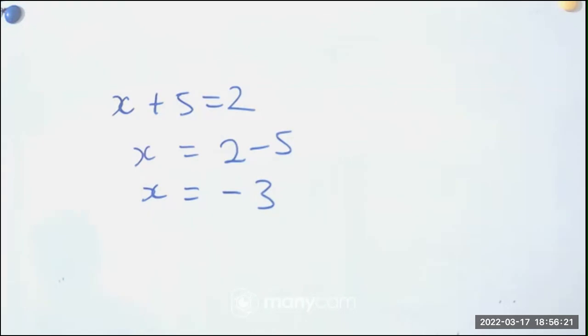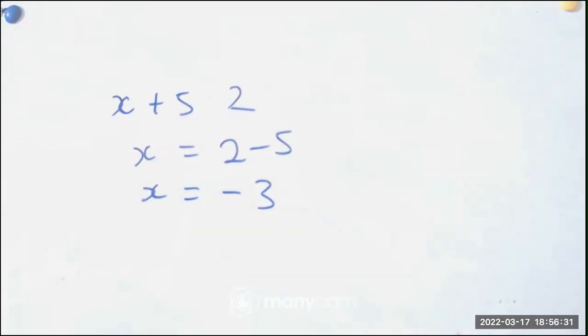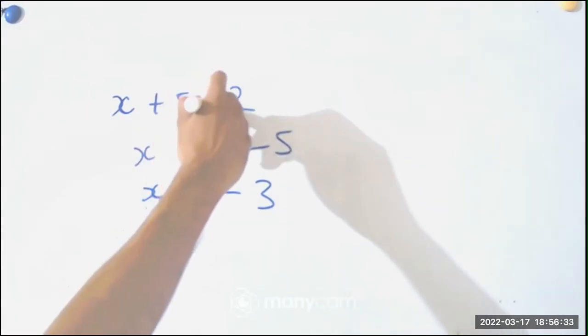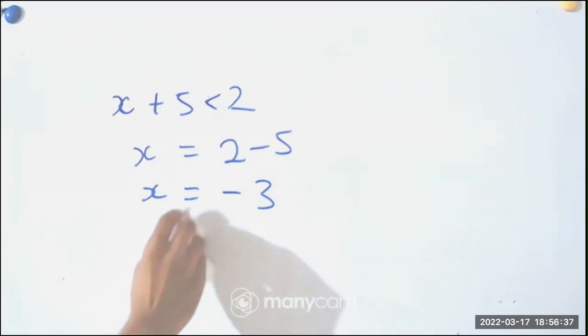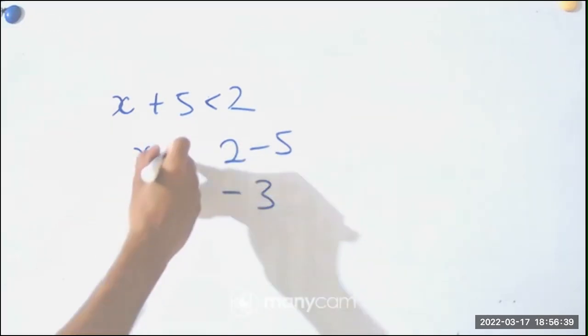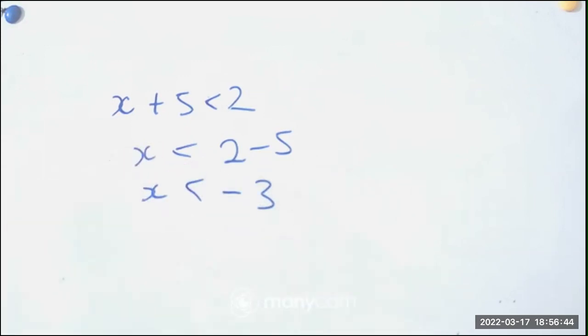Now, how do inequalities work in the context of this question? You always treat the inequality as though it's an equal sign. So let's try an example one time. Suppose this was x plus 5 less than 2. This is how we proceed to solve the problem. Pretend that the inequality is just an equal sign, so the same operations would hold.